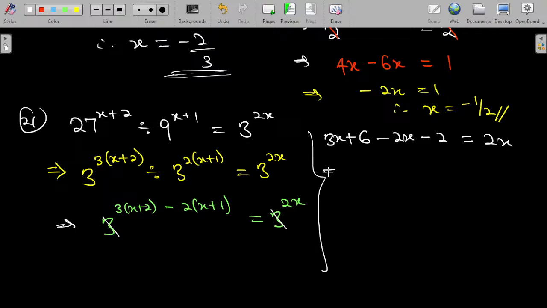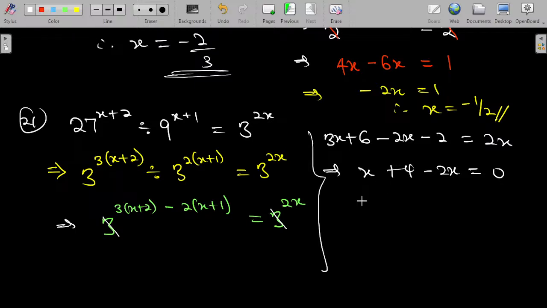Let's collect like terms now. We have 3x minus 2x is x, and then 6 minus 2 is 4, and that's equal to 2x. We can bring over our 2x to this side, and that will be x minus 2x, which is minus x, plus 4 equal to 0.